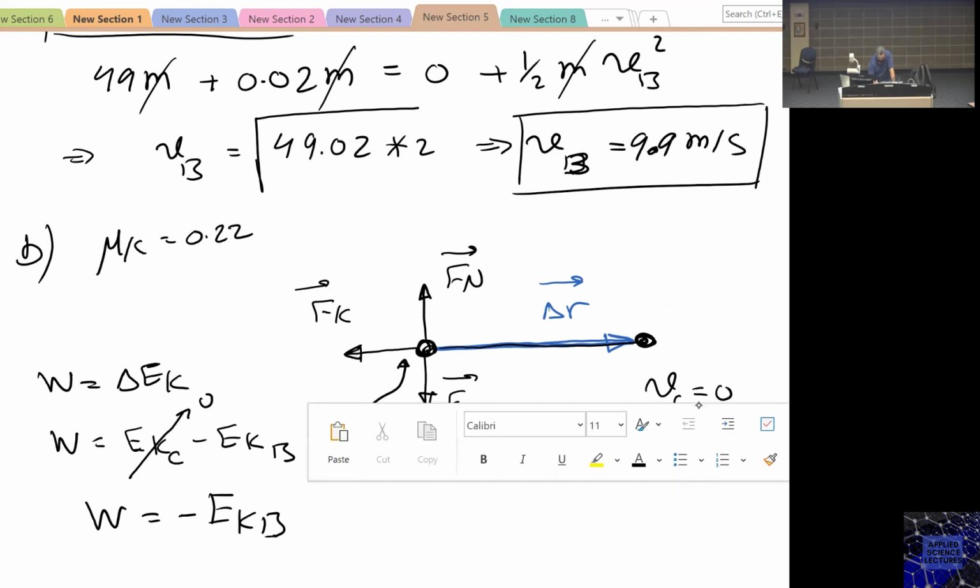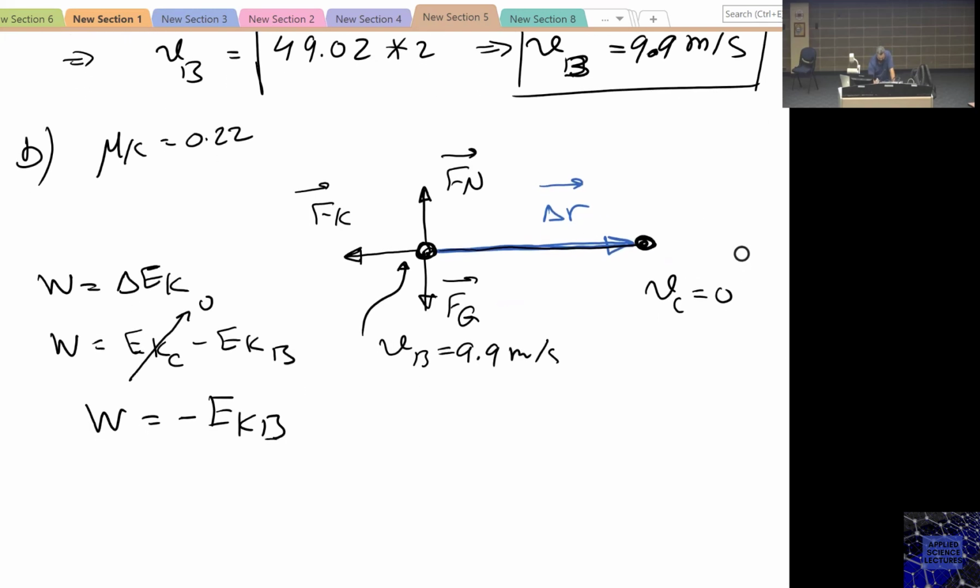So, what is the work? The work, by definition, is the magnitude of the force times the magnitude of the displacement times the cosine of the angle in between the force and the displacement.